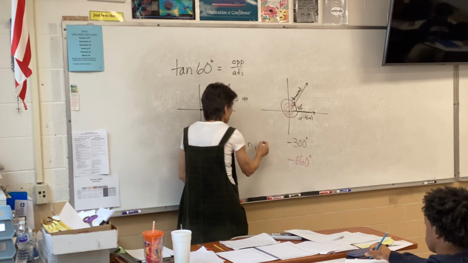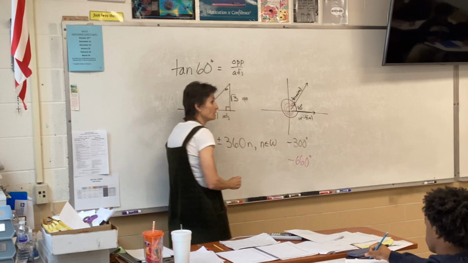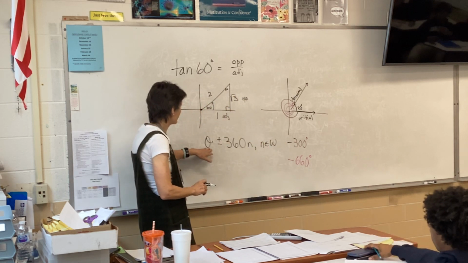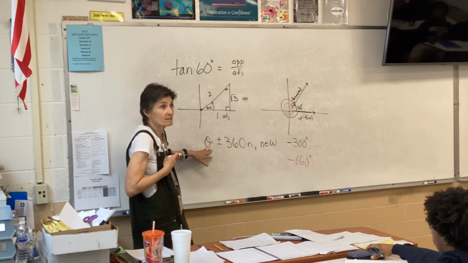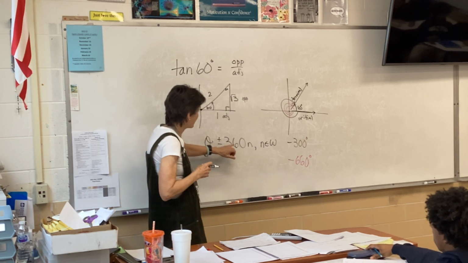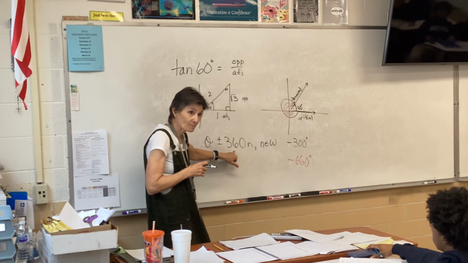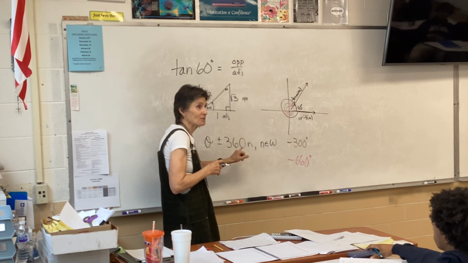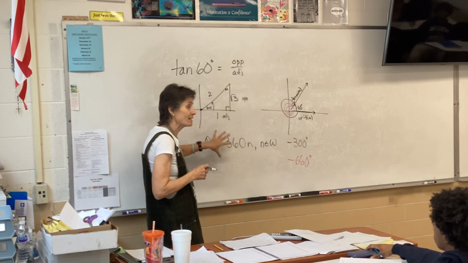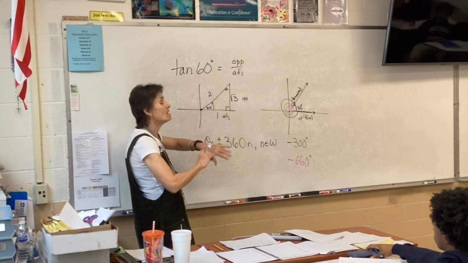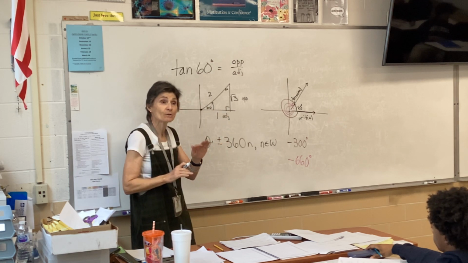So we say, all right, let n be some whole number. Take whatever your original angle is. For me, it was 60. I'm going to add one 360 or subtract two 360s. That is your general form for all coterminal angles in degrees.